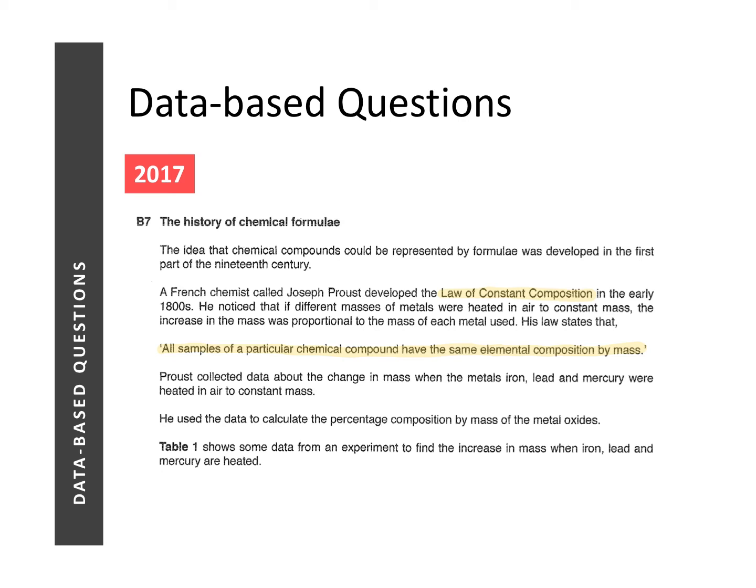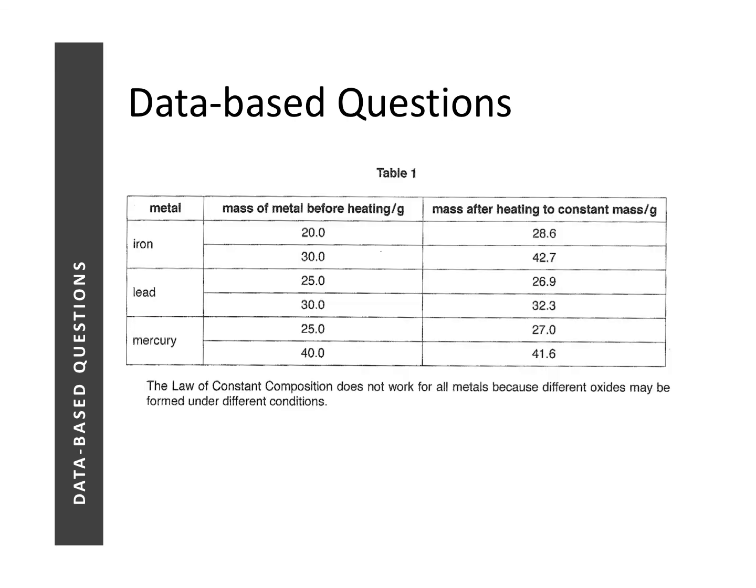And then in order to come up with the law, the scientists actually collected a few data to calculate the percentage composition by mass of different metal oxides. Table 1 gives the data of the experiment. So again, there's no need to digest the data.